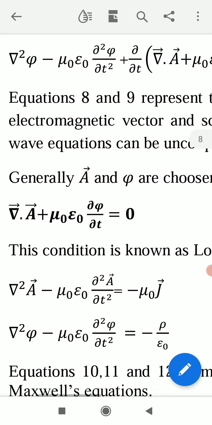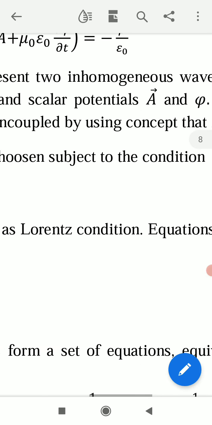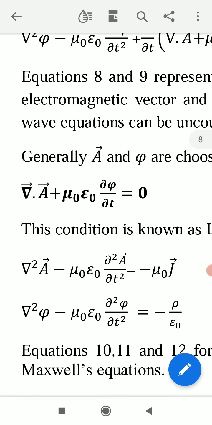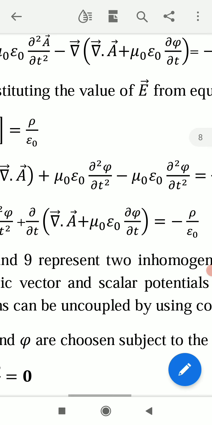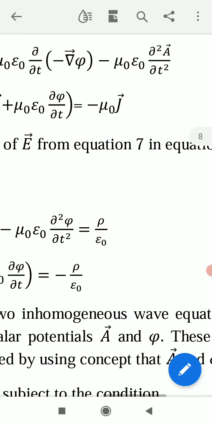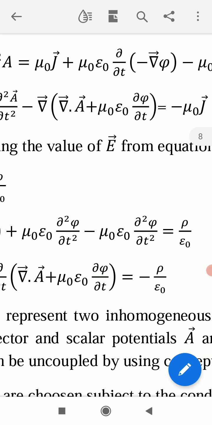and generally A vector and phi are chosen subject to this condition: del dot A plus mu 0 epsilon 0 delta phi upon delta t equal to 0. In equations 8 and 9, inside the bracket we have this term del dot A plus mu 0 epsilon 0 delta phi upon delta t.